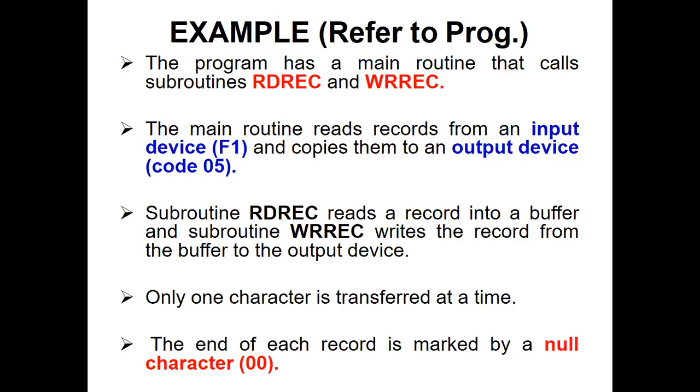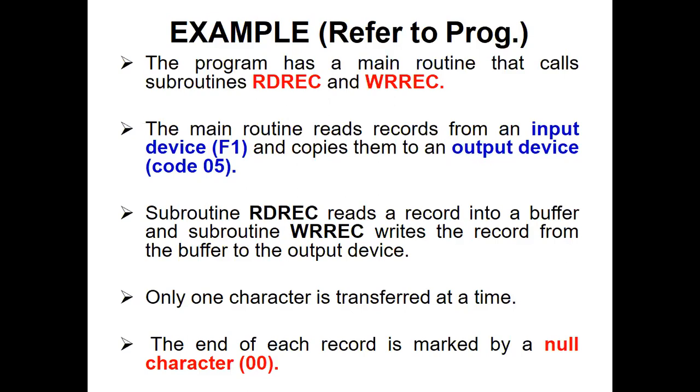After reading a record, you will find a return from subroutine instruction. So it returns to the main program, which continues, and then it will get to another instruction, jump to subroutine write record. It also goes and executes write record, and then it returns to the main program.